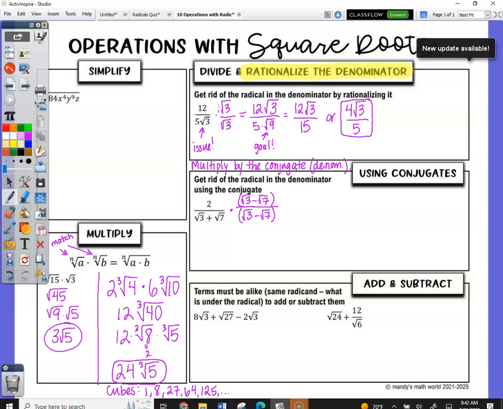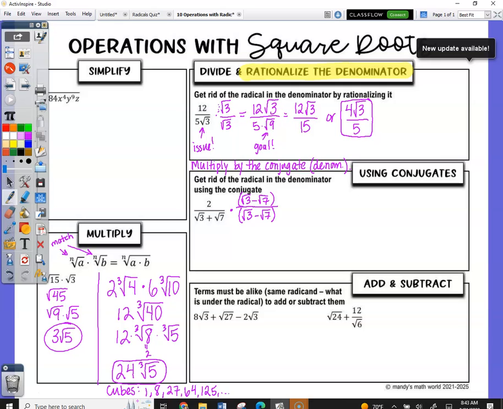No, because you can't add or subtract radicals unless the radicand matches. And there's an example of that right here, so I'll show you that. Don't overthink it. It is exactly like when you are multiplying polynomials, because you've got a single term times two terms.